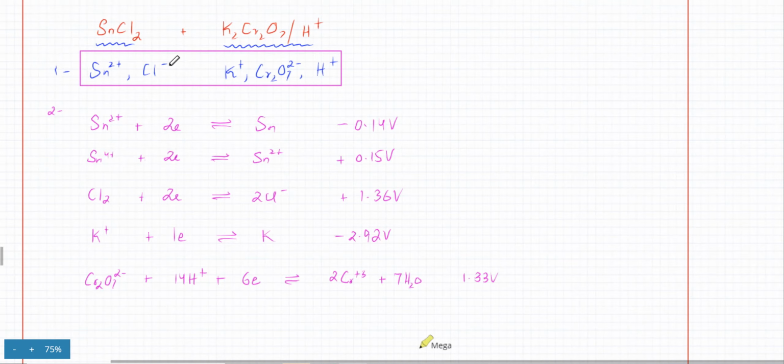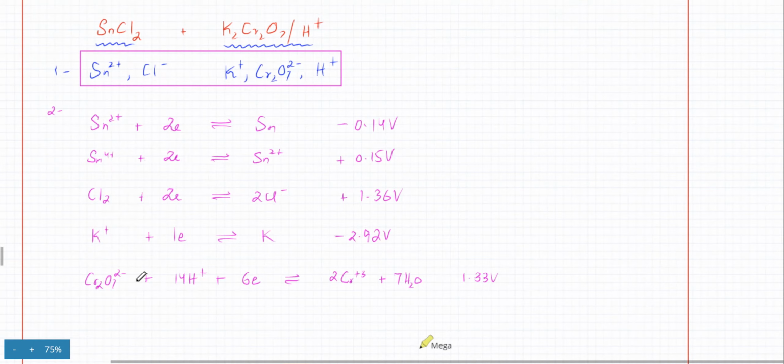Similarly, for Cl−, I picked the electrode where Cl− was losing electrons to form Cl2. Whether the reaction is going forward or backward, I don't really care. Then there was K+, so I came up with this electrode, and for Cr2O7 I figured out this electrode.